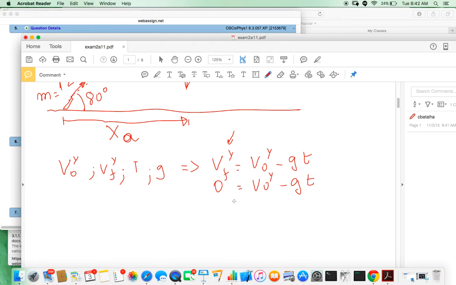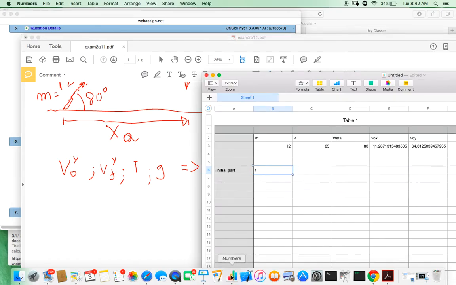So that after you do your little algebra and calculation and math here, you want to find the time is equal V naught y divided by g. Okay, so let me plug that in the Excel spreadsheet.